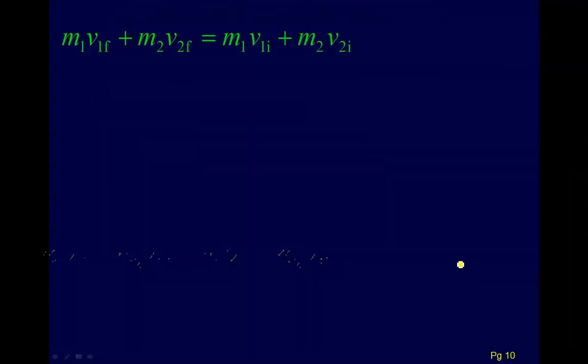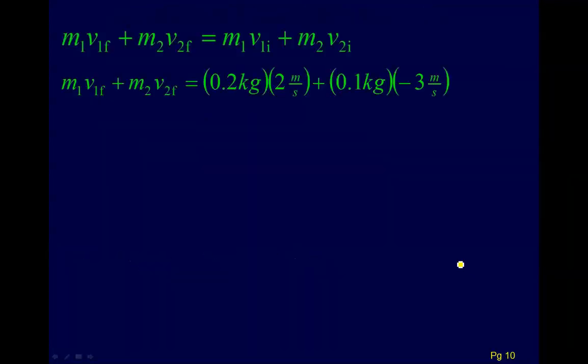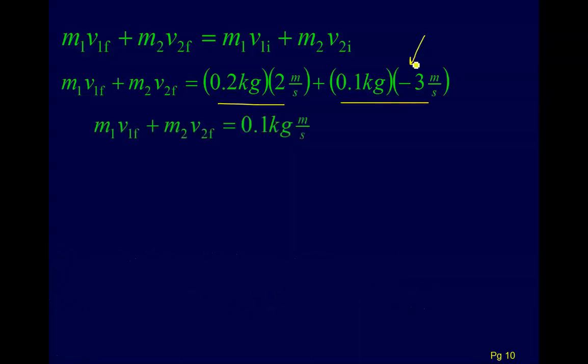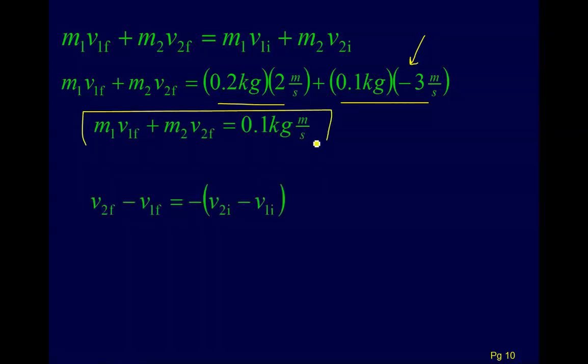The first thing is we have momentum conservation. So I can set this up. Here's the initial information for the two balls that were given in the last problem. Remember that this is a -3. I can do some math there and get my final equation looking something like this. Now the new piece is the relative velocities. We don't know anything about the final velocities, but we know everything about the initial velocities.